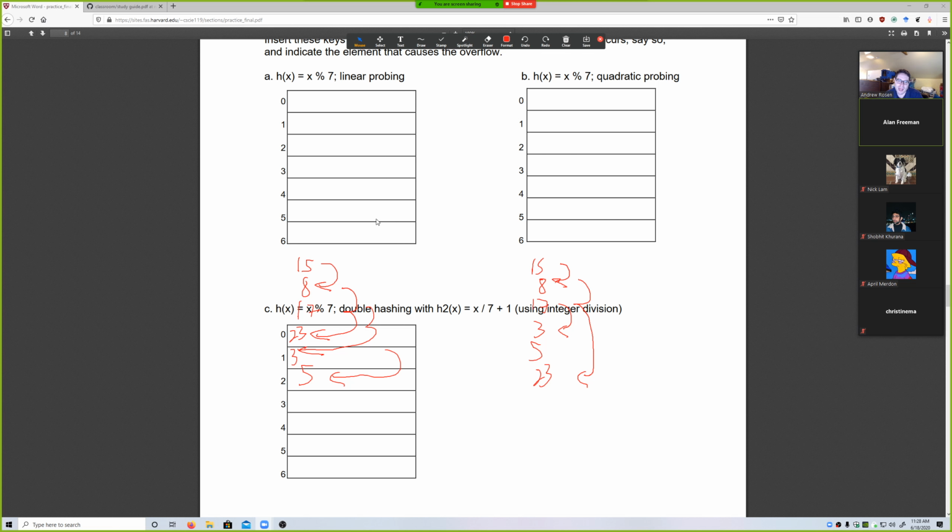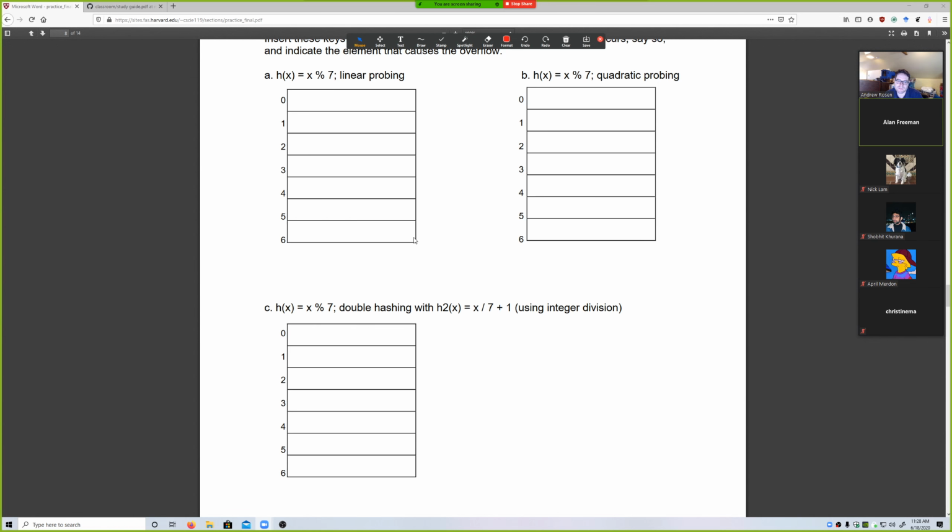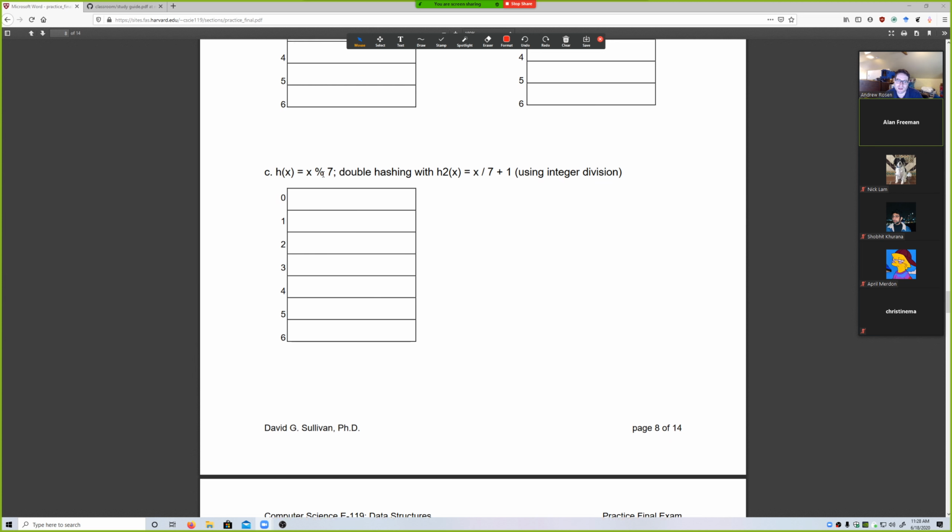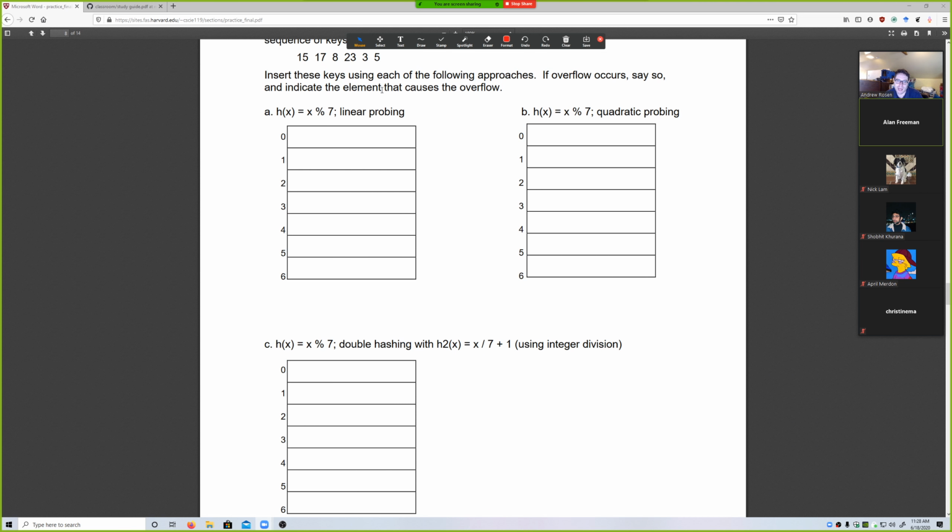There's a lot of different hashing algorithms out there for collision resolving. Here we have double hashing, which says, let's do this like we normally would for the others. So 15 goes here, 17 goes here.